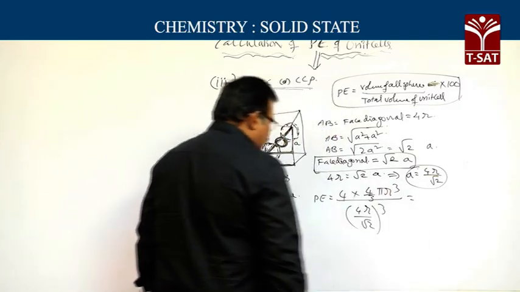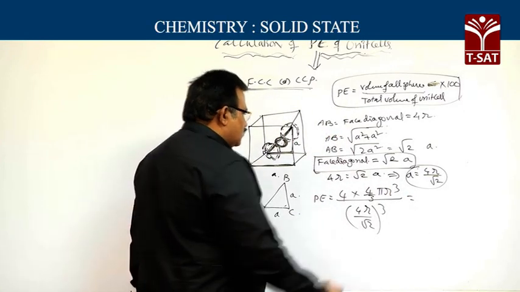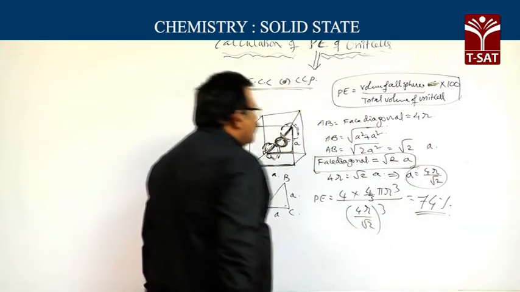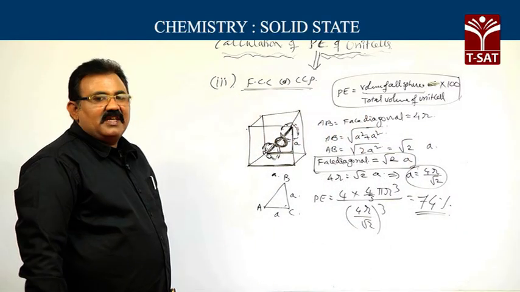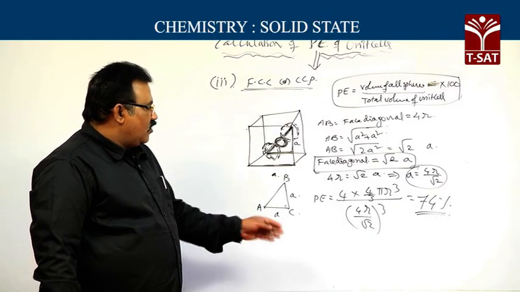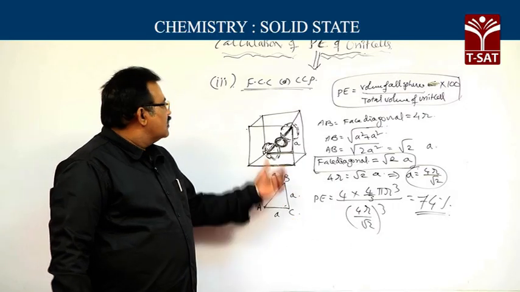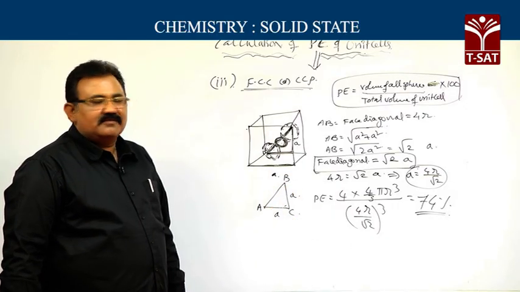Upon simplification, you will get 74% of occupancy of the spheres. Only 26% is vacant space, void space in FCC.